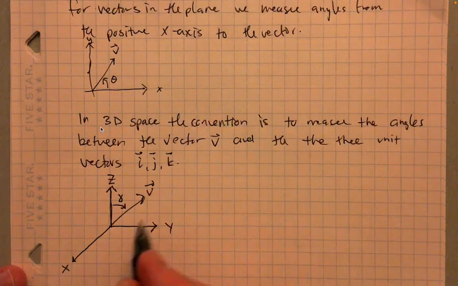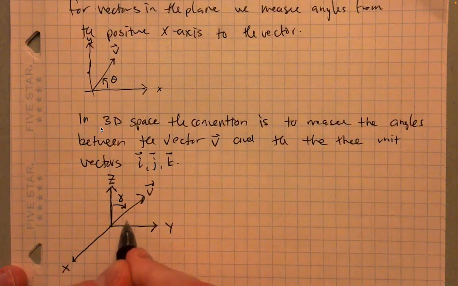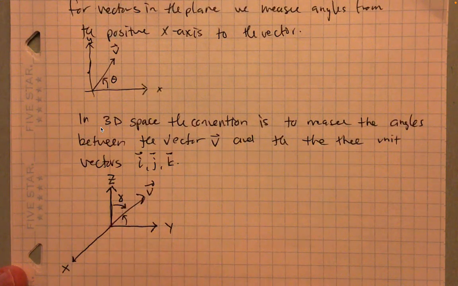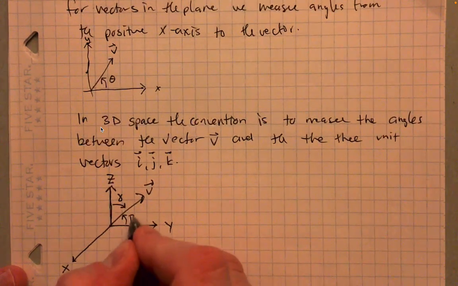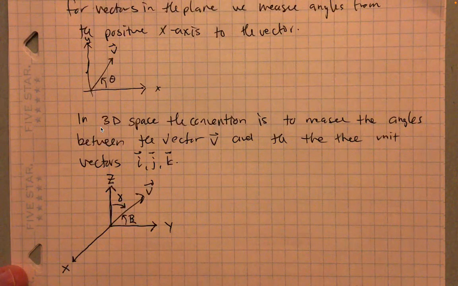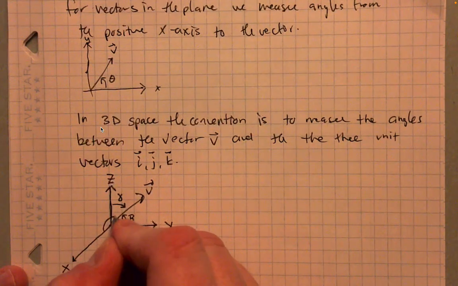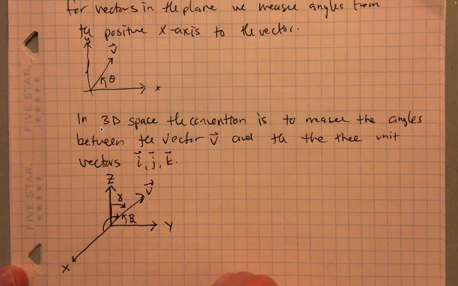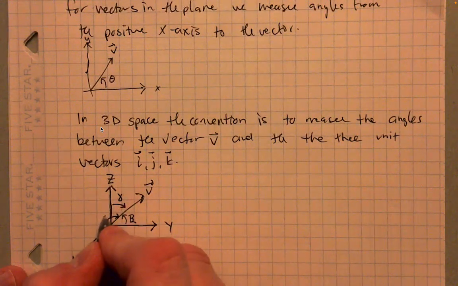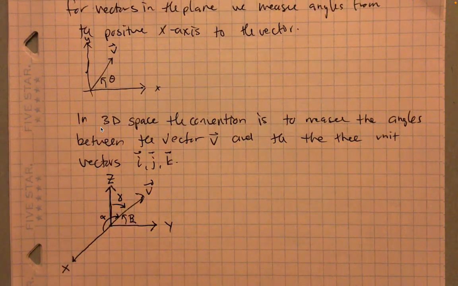The angle swept out by v relative to the y-axis, we denote by beta. And the angle swept out by v relative to the x-axis, we denote by alpha. Now this is a terrible picture. It's very hard to see what's going on because it's 3 dimensions. But that's the idea.